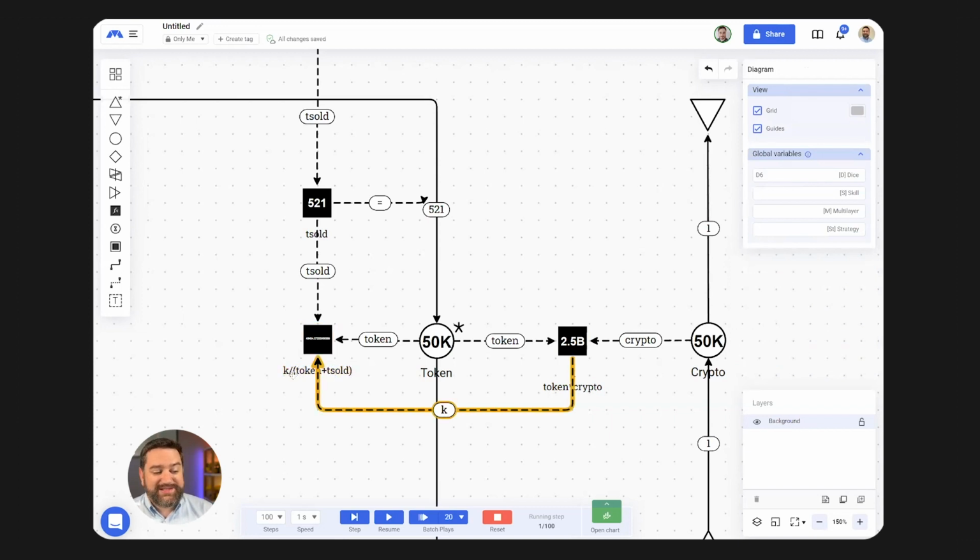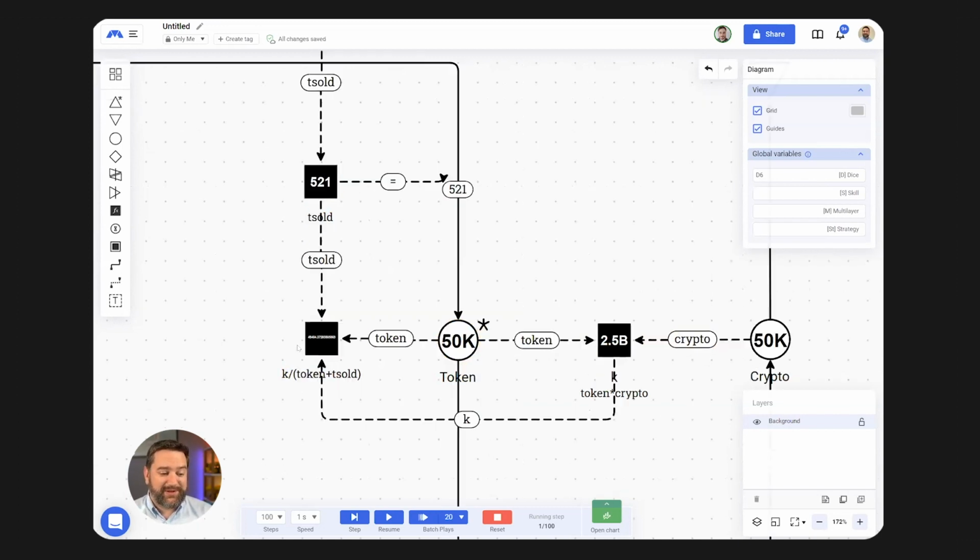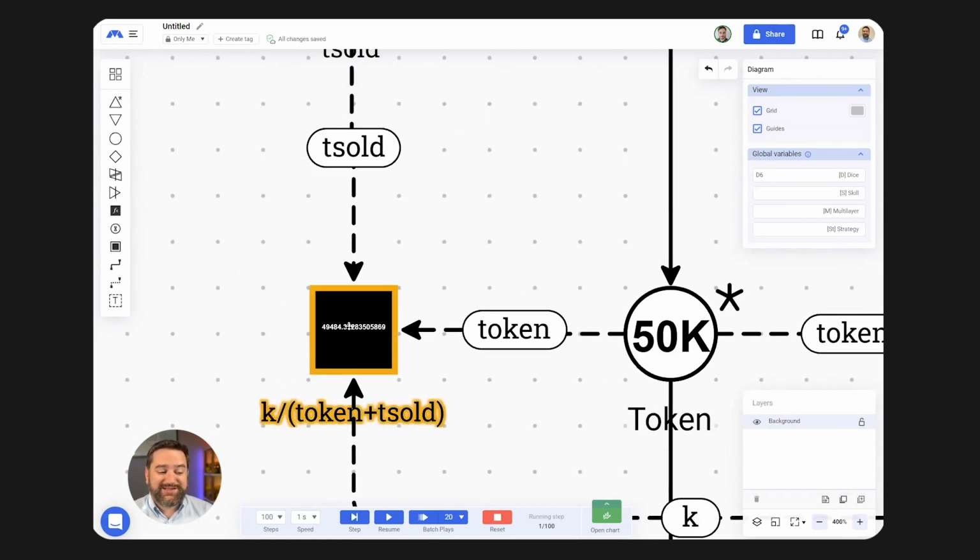What this is calculating is that we know the K is token multiplied by crypto. Therefore, if we add 521 tokens to this pool in the next step, we need to adjust the number of tokens in our crypto pool to 49,484. So that's the bit I think is the most confusing.